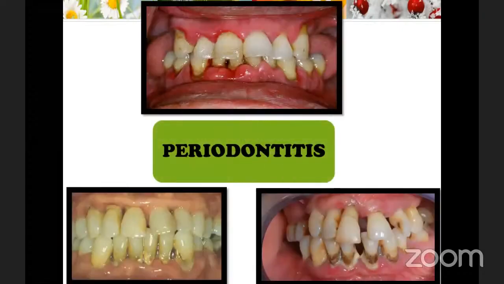As we all know, periodontitis is the inflammation of the surrounding structures of the tooth, and all the periodontal diseases are chronic multifactorial infectious diseases affecting all humans since the dawn of history.